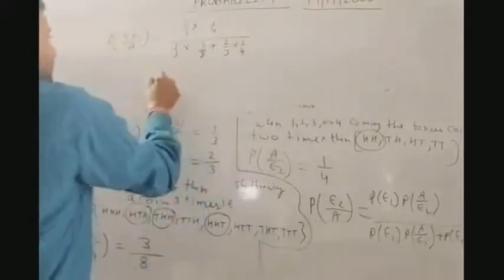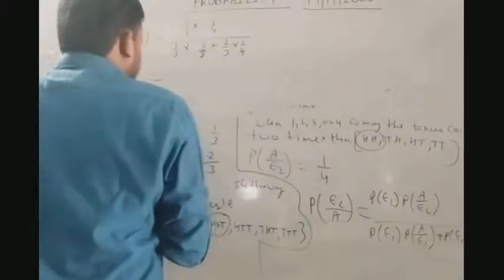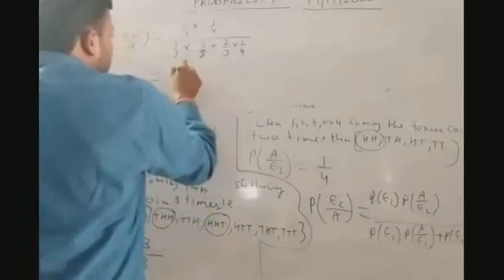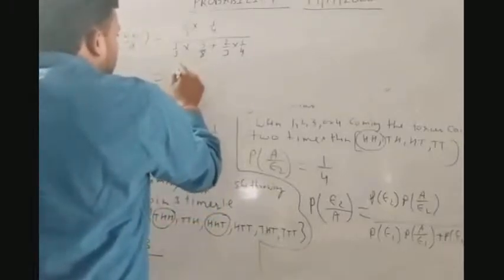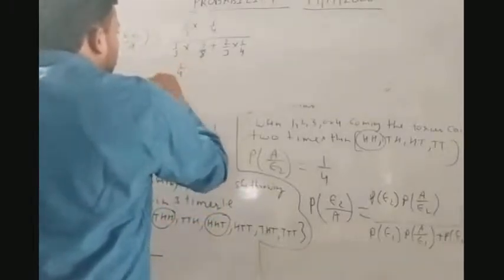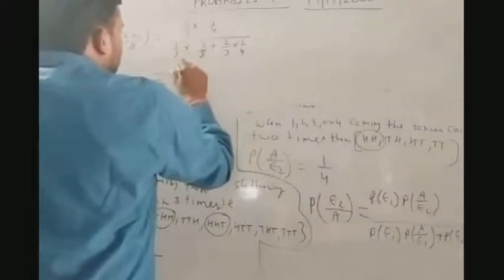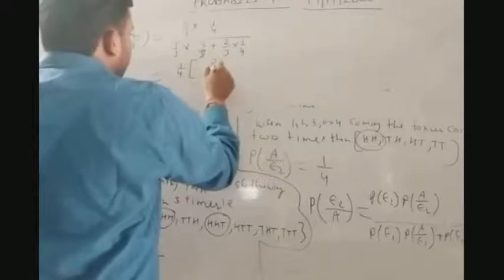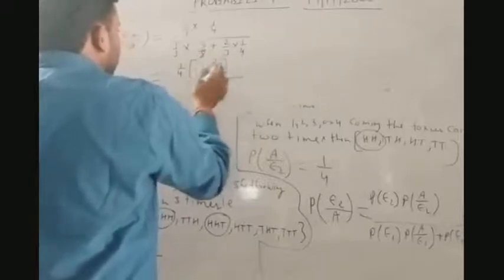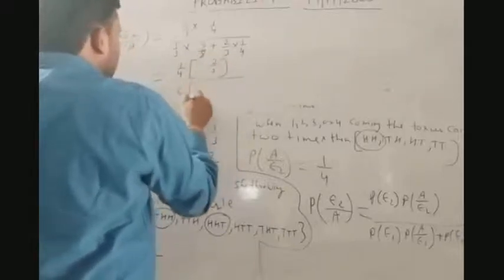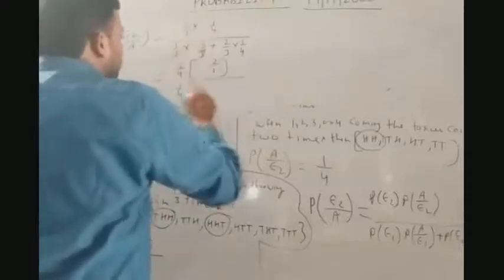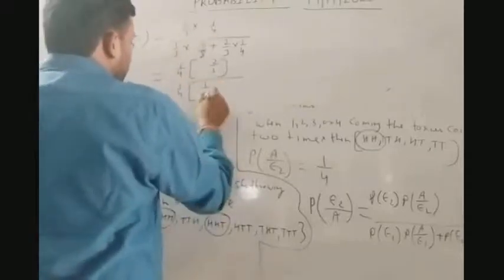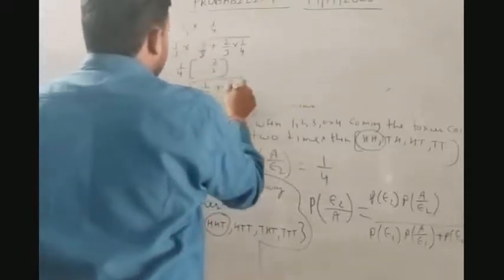Now we will further solve it. 1 by 4 is common overall, so we get 2 by 3 in the numerator, and in the denominator, dividing by 4, this cancels, so 1 by 2 plus 2 by 3.